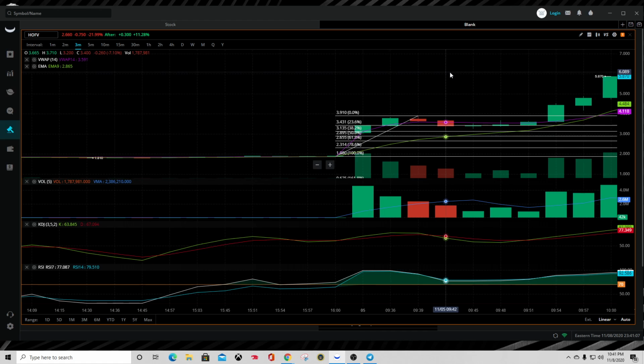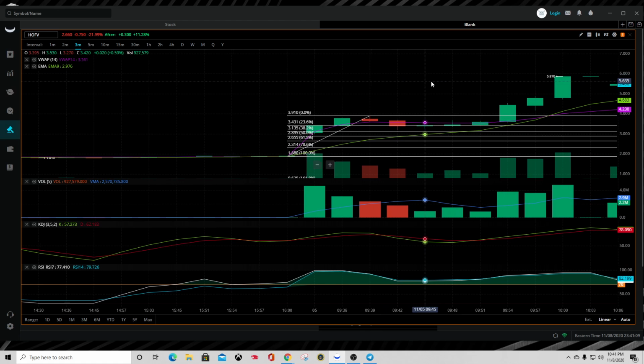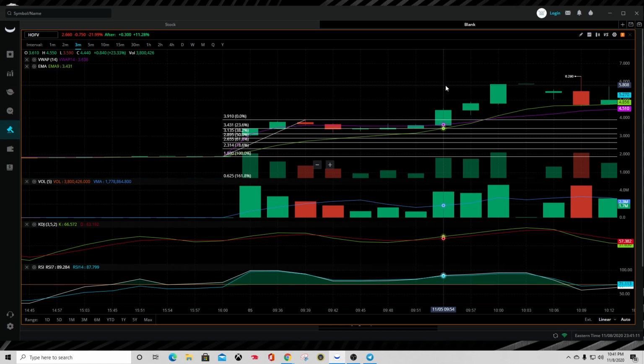So I was risking 45 cents, but when I do that, I always position size accordingly. I reduce my position so that if I do get stopped out at the $3 area, my losses are the same pretty much on every trade because I adjust my position accordingly.